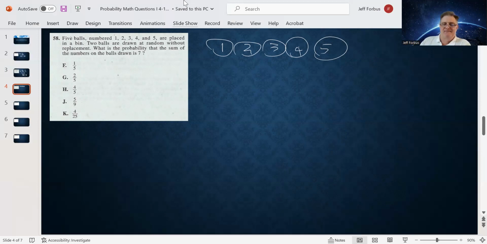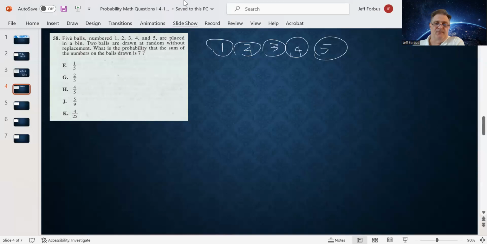So that means we've got to have 2 balls drawn that add up to a total of 7. In our group of numbers, the only combinations are 2, 3, 4, and 5 that could be added together in such a fashion of 3 and 4, and 5 and 2, or 4 and 3, and 2 and 5.